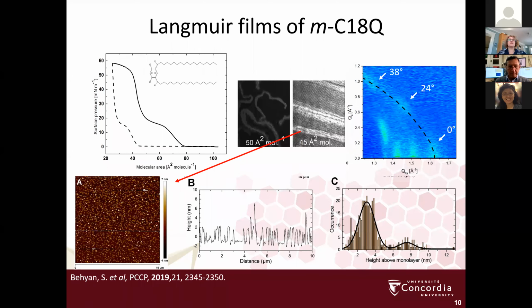So suggesting that this is then the head groups that are crystallizing with that d spacing that corresponds to pi-pi stacking, and that there are multiple preferred orientations.